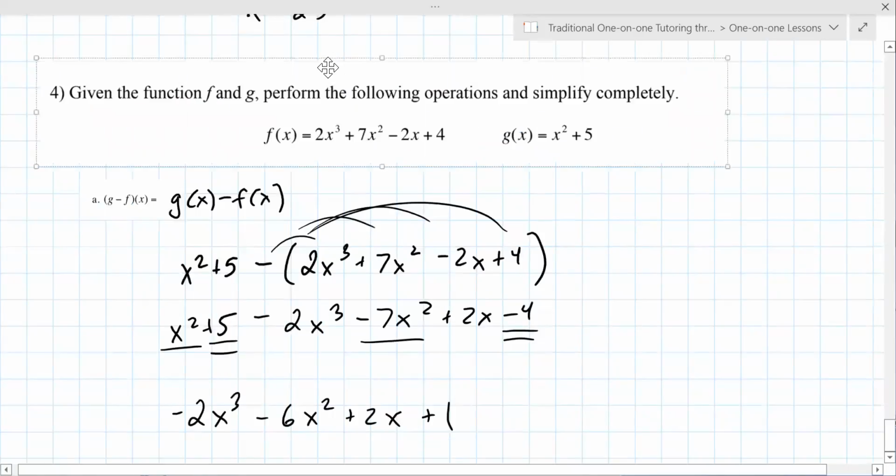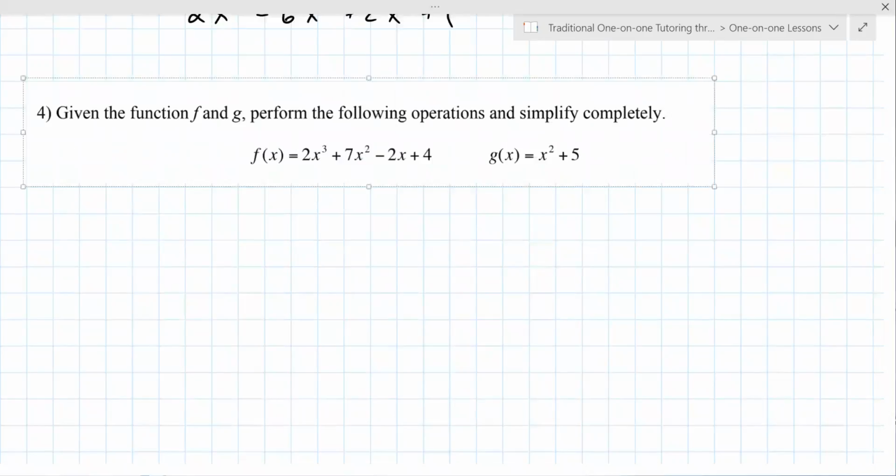All right, so the next problem is f over g.